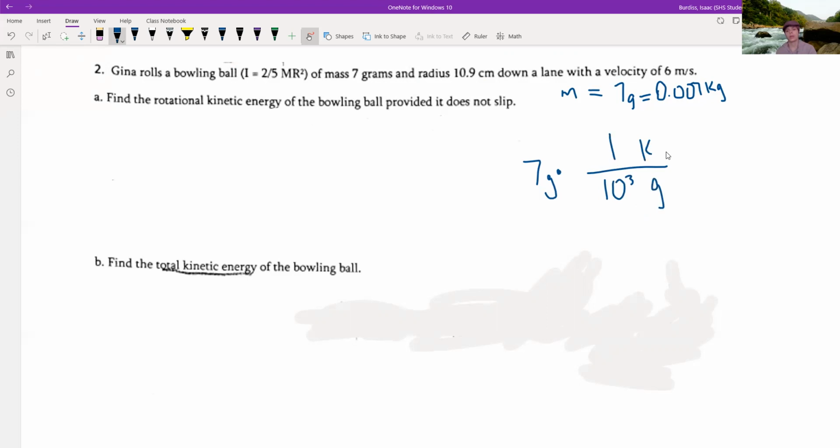So you have to solve that, and that actually means you're doing 10 to the negative third, which gives you that. Or you could just know to move the decimal to the left 3. But always know if it's in grams, the kilogram value should be smaller.